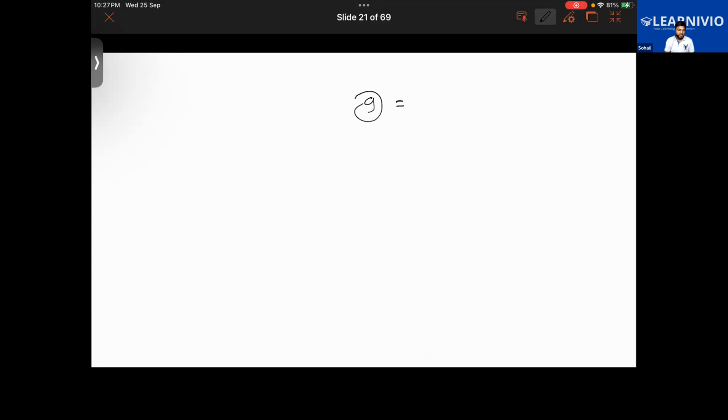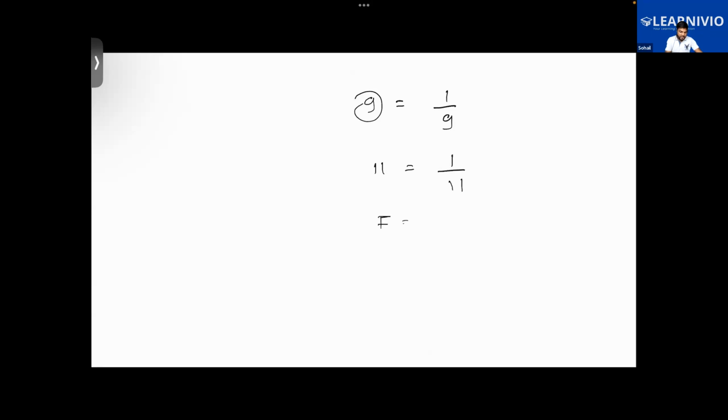Sir, the reciprocal of 9 is 1 by 9. 1 upon 9, exactly. Reciprocal of 11 is 1 upon 11. So the reciprocal of frequency is time period, and the reciprocal of time period is frequency. It will be 1 upon time period, as simple as that. Okay, sir, understood. That's where this one came from actually.